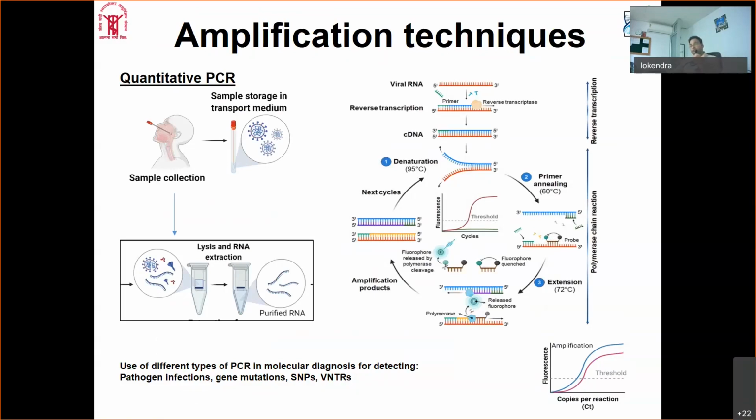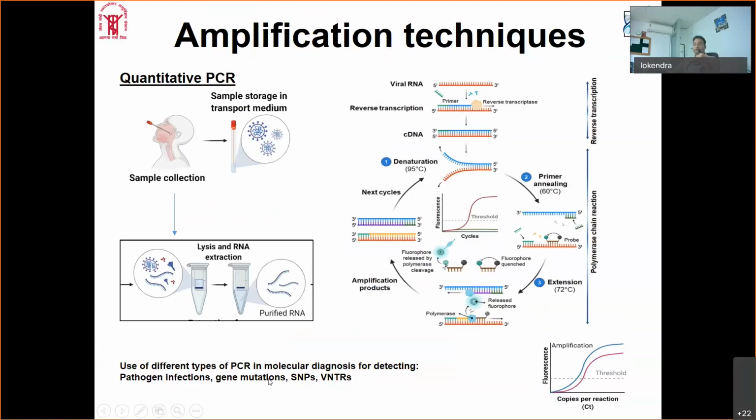So more transcript, less CT value, and these can be used in various types of modifications for detecting pathogen infection. So this is an example of COVID-19 infection and how we detect gene mutations.